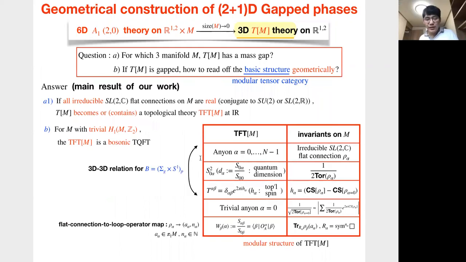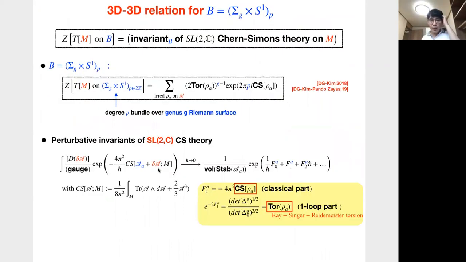So let me explain how to derive this dictionary, and this is using the so-called 3D3 relation. For this covered background, the 3D3 relation roughly relates the Bachan function superposition on the covered background to the SL2C Chang-Simon invariant of the internal manifold. The simplest 3D3 relation is when the 3 manifold is chosen in this way. This is a degree P bundle of a genus G Riemann surface.